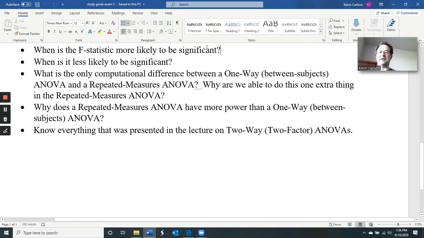And it's less likely to be significant when, that's the next bullet point, our differences between the groups are not as large as the differences within the groups. So the effect of the IV is smaller than how people just naturally vary.